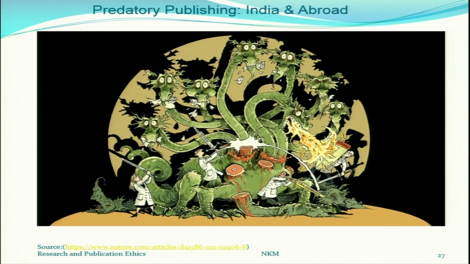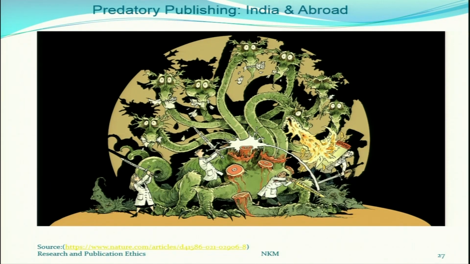Let's understand the way it has been depicted in this picture. You see how this dragon is showing the predatory publications where all these researchers are trying. The reviewer, scientist, everybody is involved.